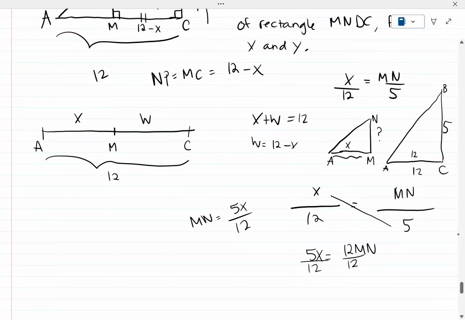Okay, so now we can find y. We're trying to solve for y, which they said is MN plus NP. We just found MN, which is 5X over 12, and we also found NP, which was 12 minus X.